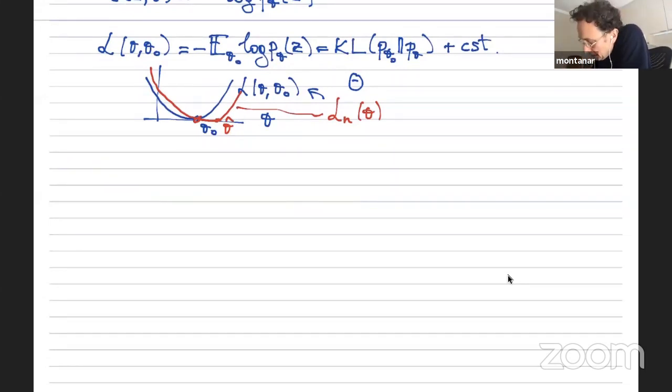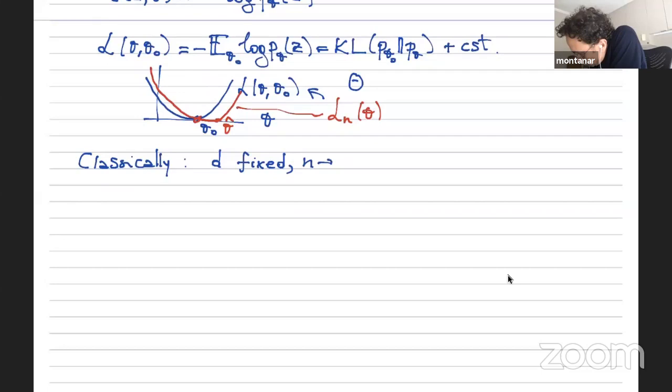Now, these classical recipes mainly come from classical statistical problems in which you think of the dimension in which theta lives as fixed, and the sample size going to infinity. This is what started at the beginning of last century.